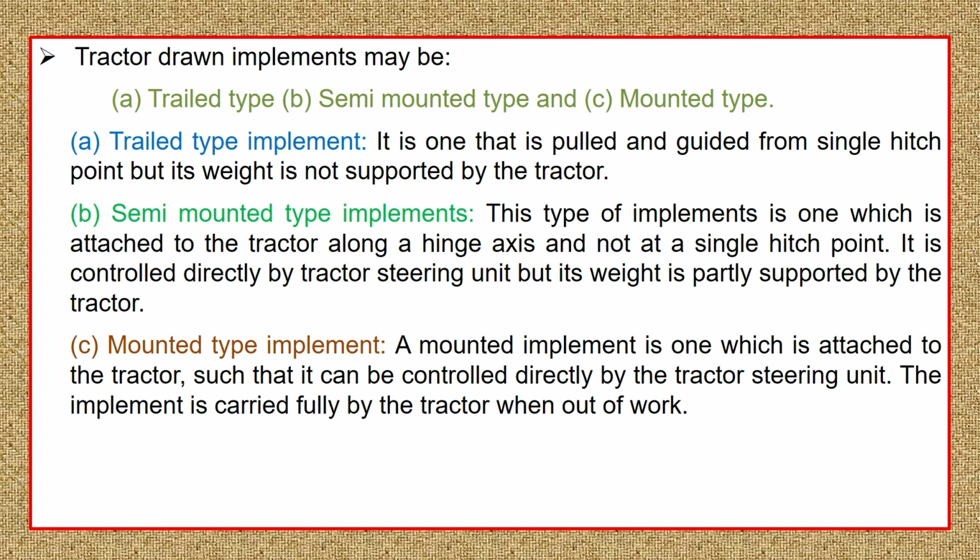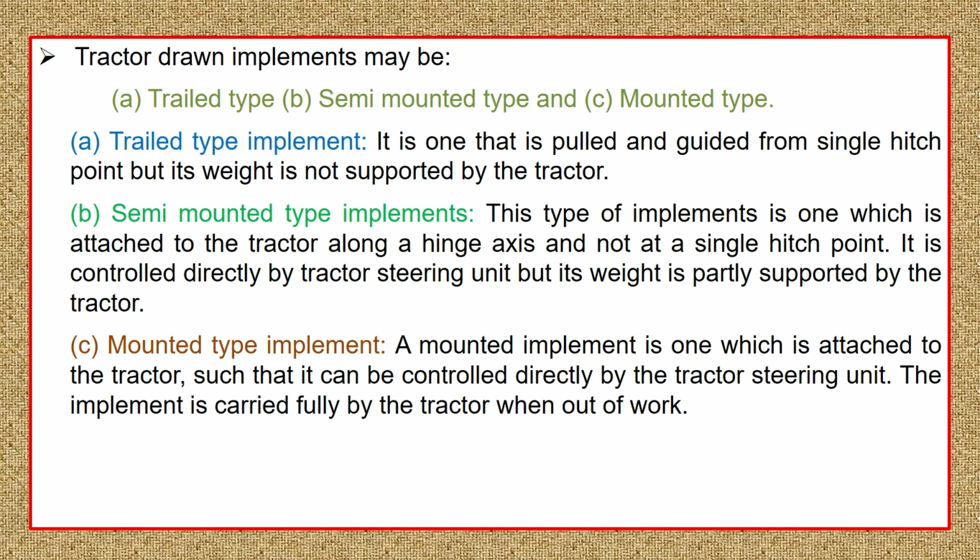Tractor-drawn implements are again classified into trailer type, semi-mounted type, and mounted type. Trailer type implements are those which are pulled and guided by the tractor at a single hitch point, and they are not supported by the tractor. If I give an example, the best example of a trailer type is the tractor trolley.